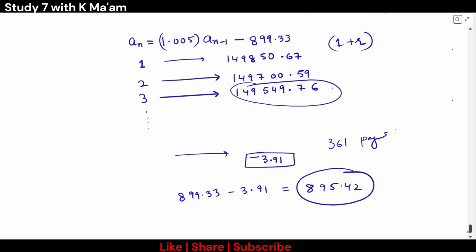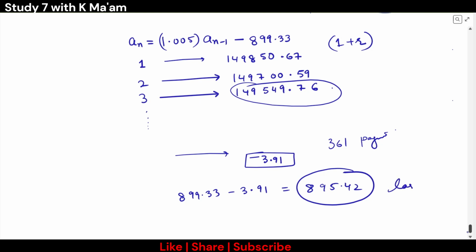Why is this so? Every month we are paying the same, but when we are paying like this, the last payment is not that much. It is a little less than whatever we already paid. The payment cannot be negative, so we have to subtract this negative part. So we are getting 895.42 as the last payment.